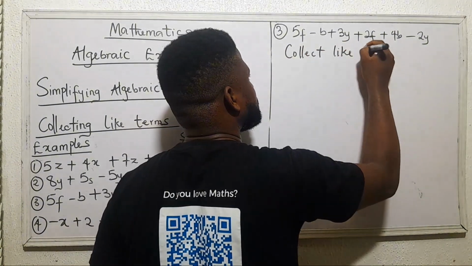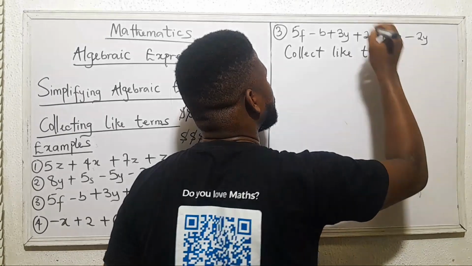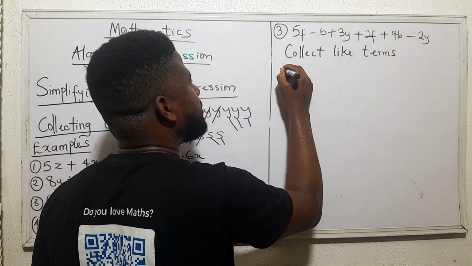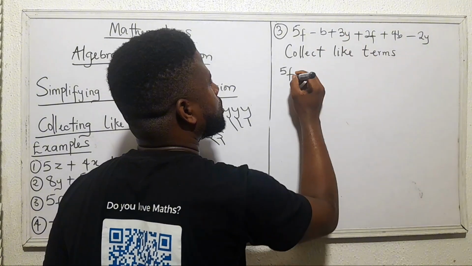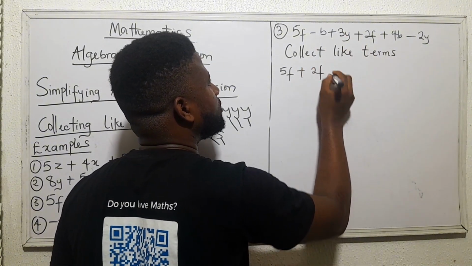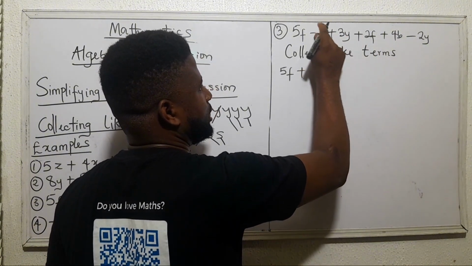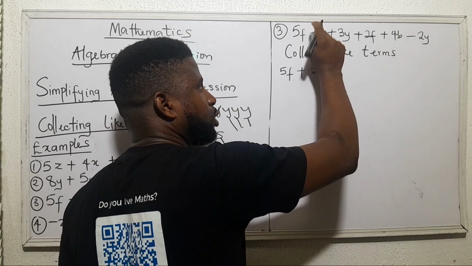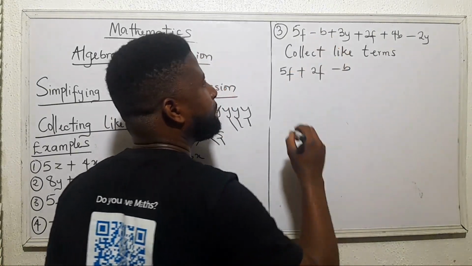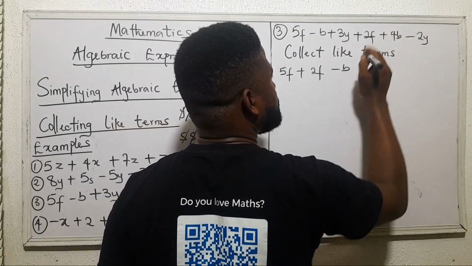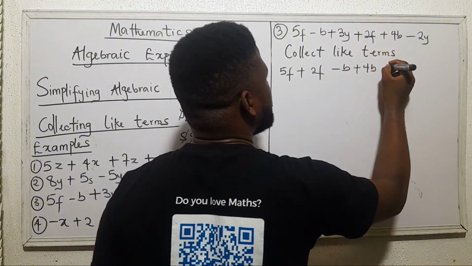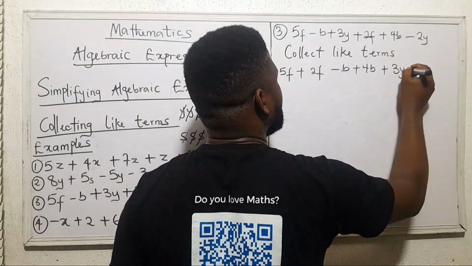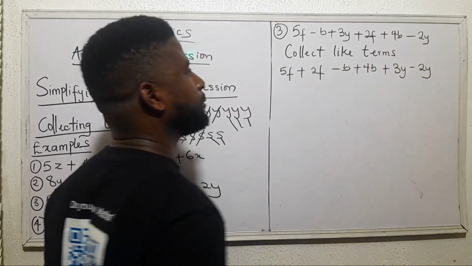We have 5f, we have 2f, the sign in front of it is plus, so we have plus 2f, and of course b, the next one is b, and the sign beside it is what? Minus, so we have minus b, and 4b, the sign is plus, we have plus 4b, and then of course y, we have plus 3y and minus 2y.